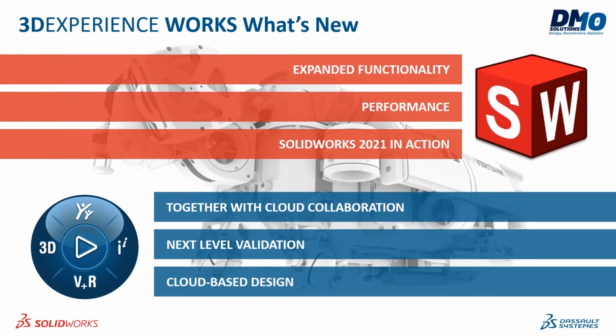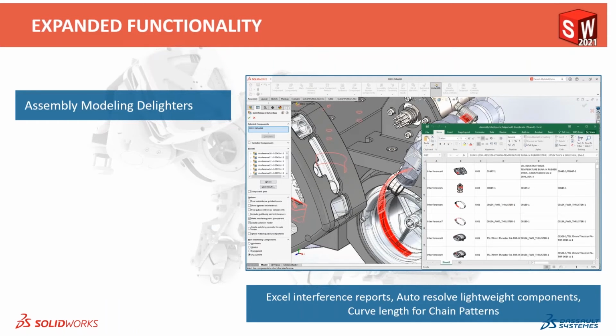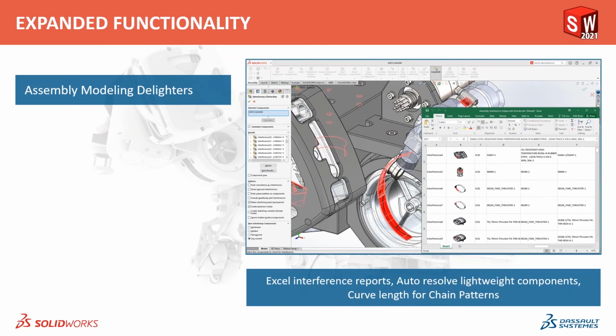Now, before showing you SOLIDWORKS in action and demonstrating what's new this year, let's just go over an overview of what's new. Now, regarding expanded functionality, this new release introduces some assembly modeling delighters, such as allowing for better mate and pattern control, and enabling the creation of Excel-based interference reports and curve length-driven chain patterns.